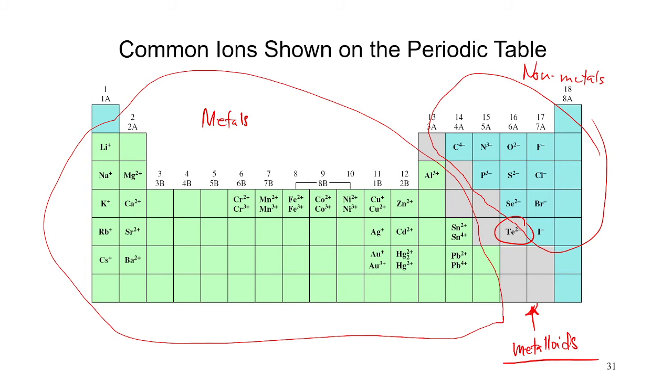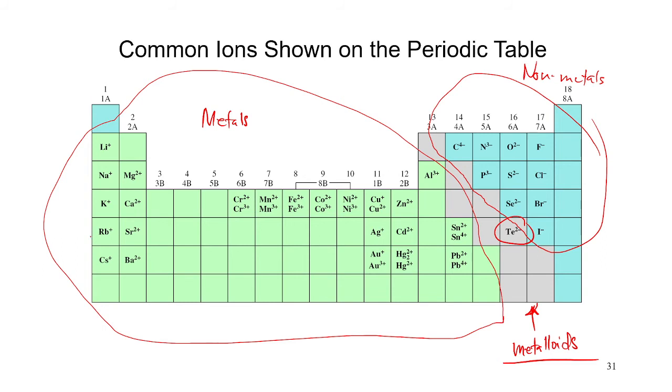So, some basic points when it comes to non-metals and metals regarding their ions. If we are to look at the A series, we have here the 1A, 2A, 3A, 4A, 5A, 6A, 7A. Kung mapapansin nyo, class, may pattern yung pagka-lose or pagka-gain ng electron.